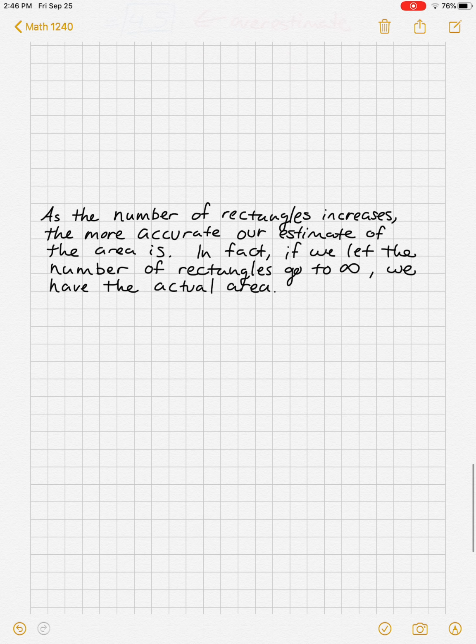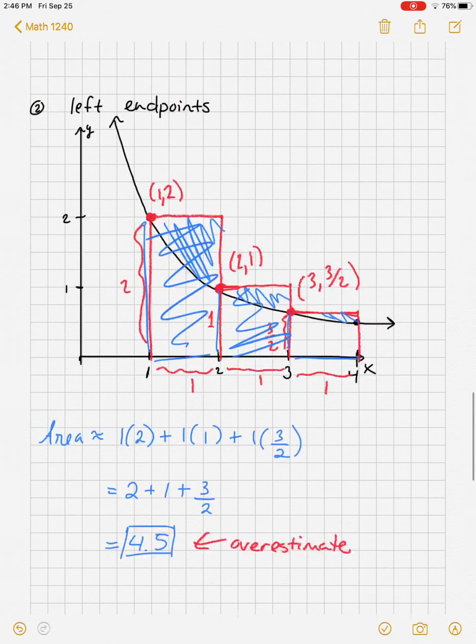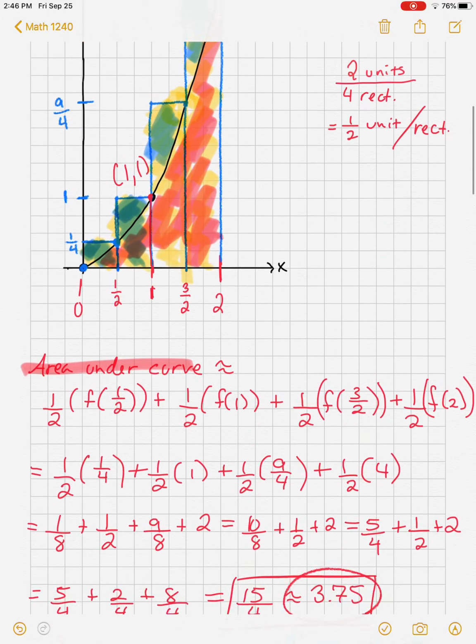So I just made note down here that as the number of rectangles increases, the more accurate your estimate of the area is. In fact, if we let the number of rectangles go to infinity, we have the actual area.